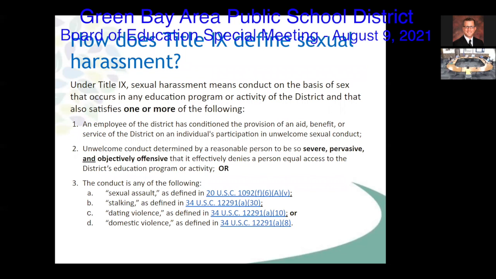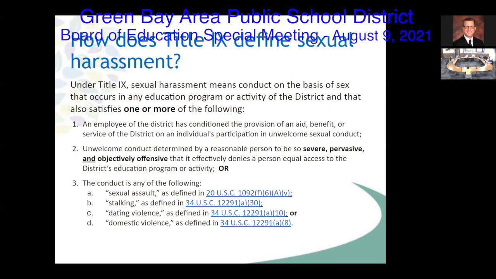So let's take a quick review of how sexual harassment is defined through the specific lens of Title IX. As you may recall, the 2020 amendments to Title IX create a specific definition of sexual harassment for the purposes of Title IX.